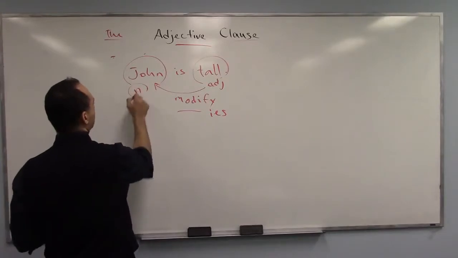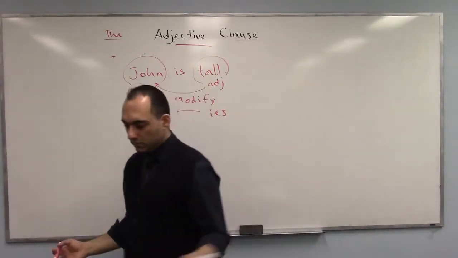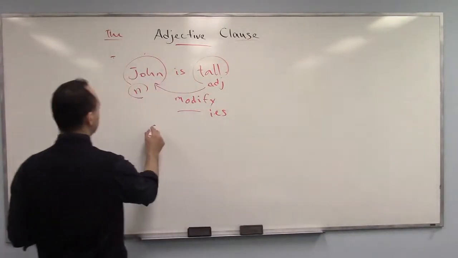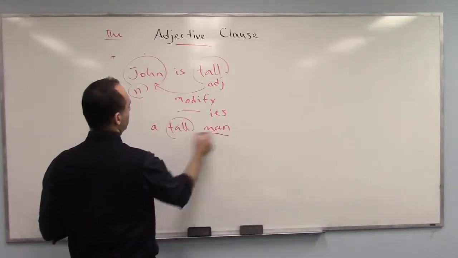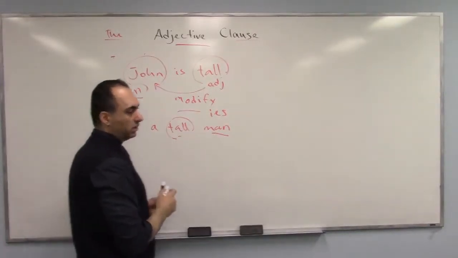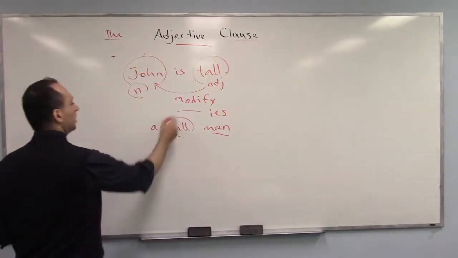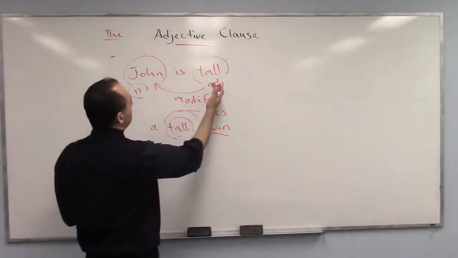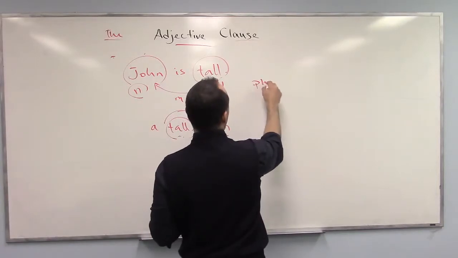So if this is our noun, and tall modifies the noun, a tall man. Man is the noun, tall is the adjective that modifies and describes. So, instead of this tall, if we have a group of words, that would be an adjective phrase.